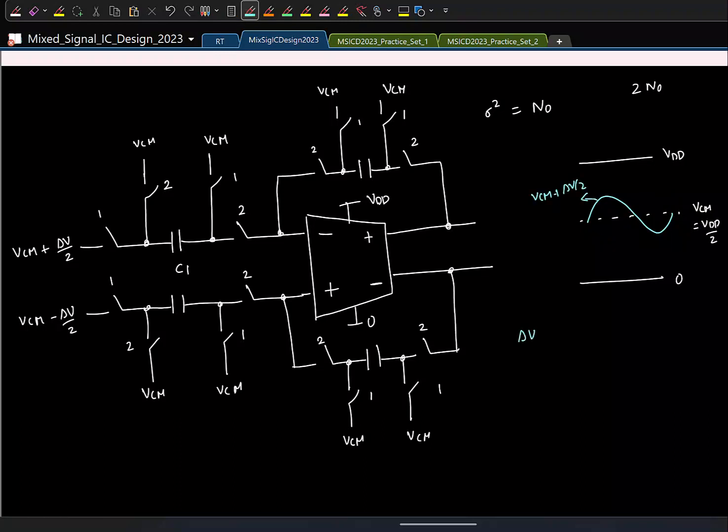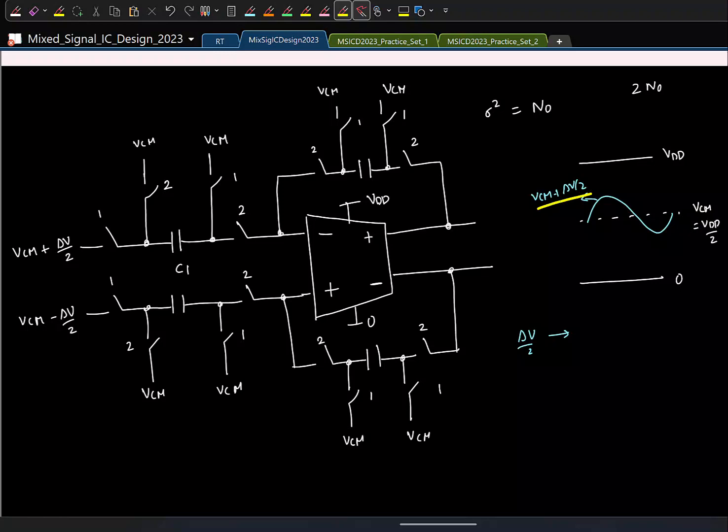So what is the minimum value this delta V by 2 can take? Here this is our VCM plus delta V by 2. What is the minimum delta V by 2 I can have? What is the minimum voltage I can go to?